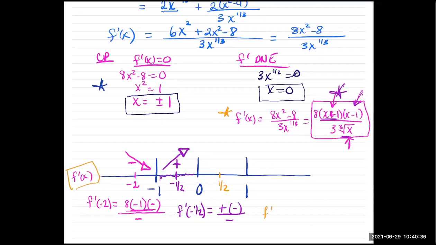If we plug in 1/2, 1/2 plus 1 is positive. 1/2 minus 1 is negative. The cube root of 1/2 is positive. So when I work that out, I would get a negative answer, which means my function is decreasing.